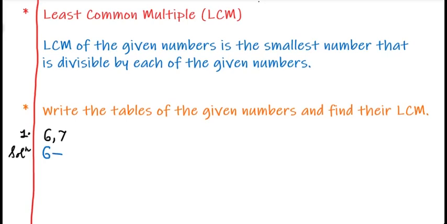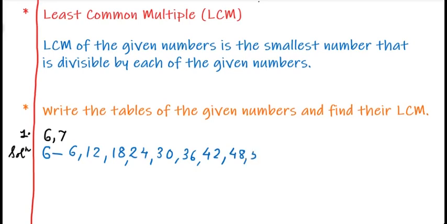So 6 ones are 6. 6 twos are 12. 6 threes are 18. 6 fours are 24. 6 fives are 30. 6 sixes are 36. 6 sevens are 42. 6 eights are 48. 6 nines are 54. And 6 tens are 60.